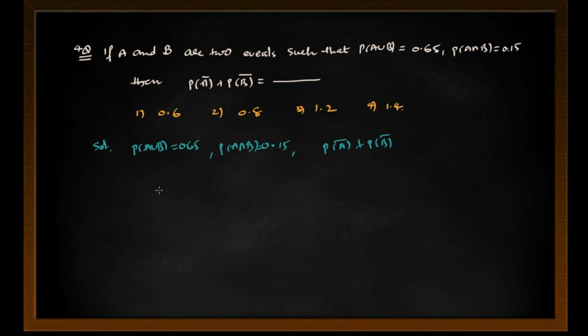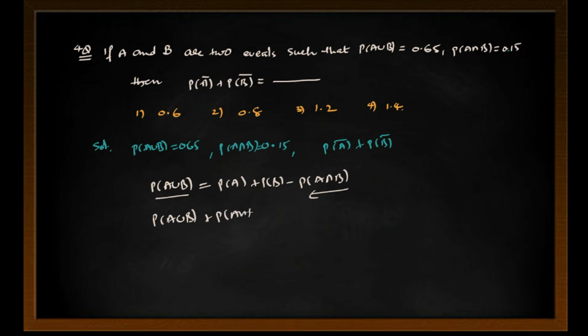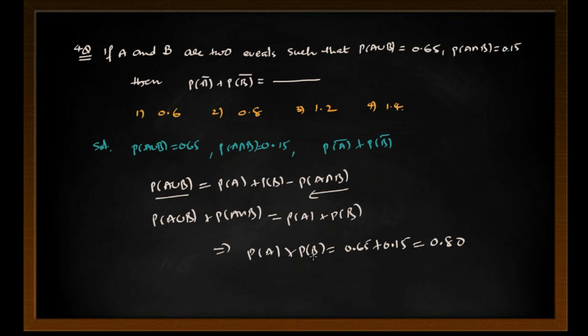From the addition theorem we can write P of A union B equals P of A plus P of B minus P of A intersection B. So this minus becomes P of A union B plus P of A intersection B equals P of A plus P of B. First find the value of P of A plus P of B. That is 0.65 plus 0.15, that is 0.80. So this is the value of P of A plus P of B.